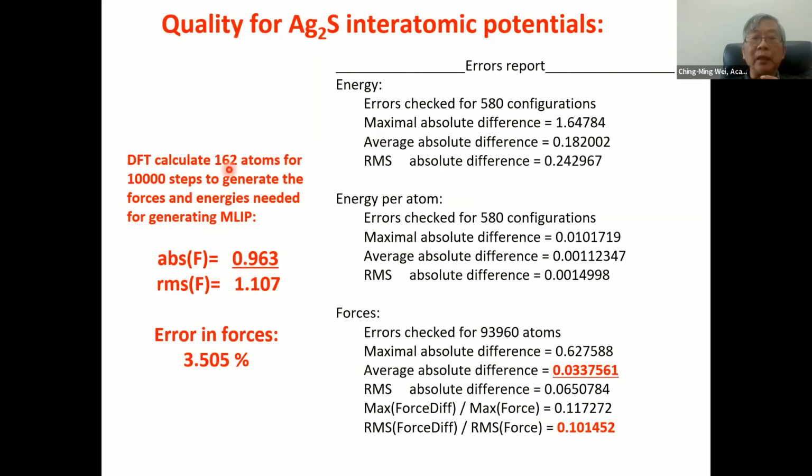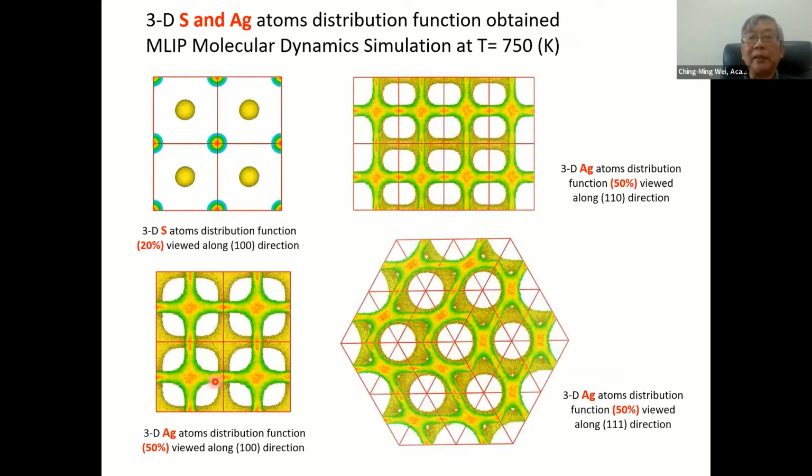Here are the original data: we have 162 atoms and 10,000 steps, and the average force is something like 0.963 eV per angstrom. However, after the fitting, the average absolute difference is only 34 meV, so the error in force is only 3.5 percent. And so we can do the simulations.